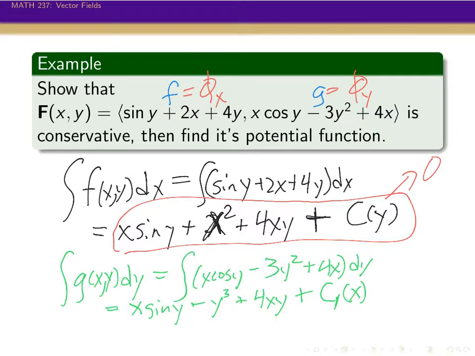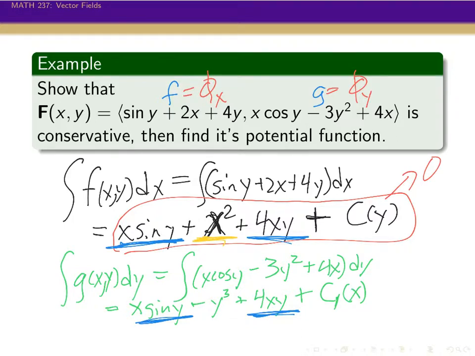Okay, so now we've integrated both of them, and let's compare the two. Comparing the two, we notice that they both have x sine y, and they both have 4xy. Now, my top one, the integral of f in terms of x, has an x squared.